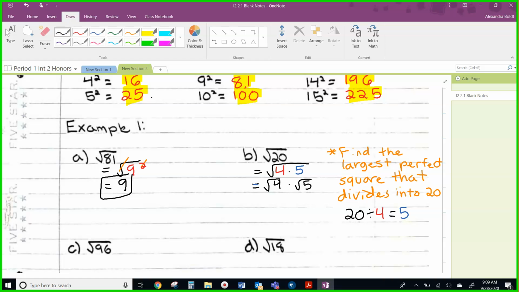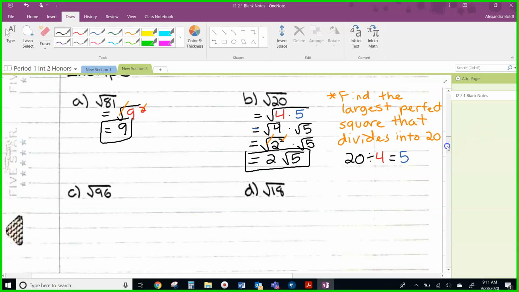So in this one, since I have it as something squared, the squared and the square root cancel out. So I'm left with 2. 5 is not a perfect square. It stays exactly how it is.